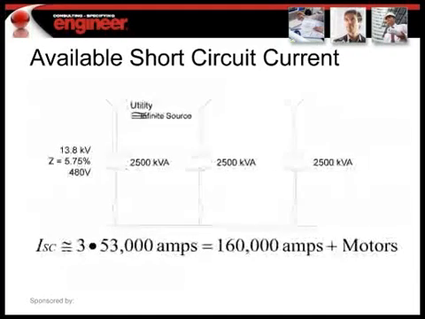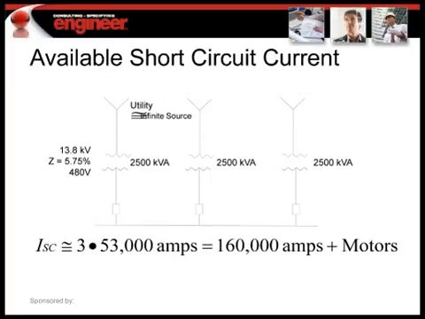And then this is a configuration that you might find in a relatively large hospital environment. These transformers are arranged in a secondary spot network arrangement, and you can see that the available short-circuit current jumps up considerably. It's 3 times that which is available from a single transformer. This is also the arrangement that you might find from an urban utility.